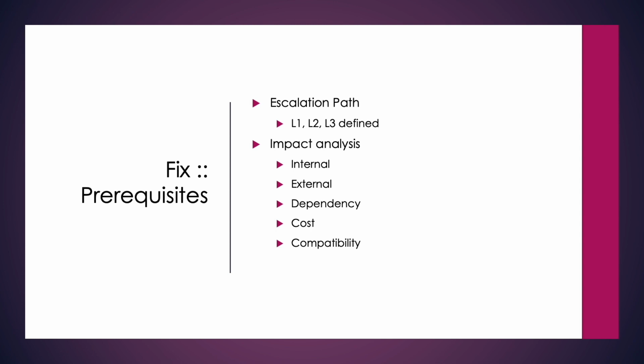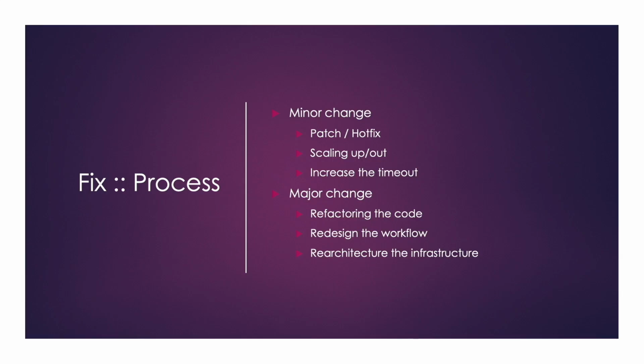We need to have some kind of checklist to make sure that we have done the proper assessment for these changes. And for the process itself, this can be minor changes or major changes. Fixing a major change can be refactoring the code, redesigning the workflow, or maybe re-architecting the infrastructure.